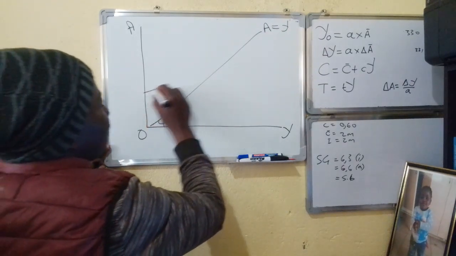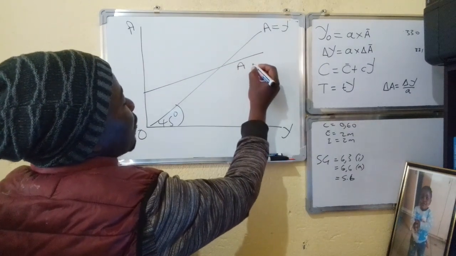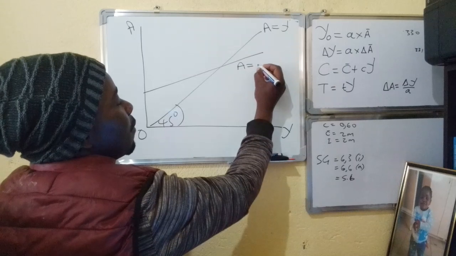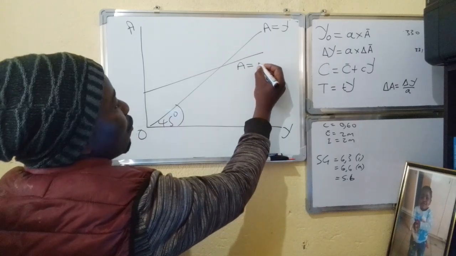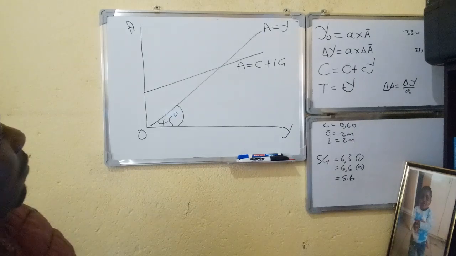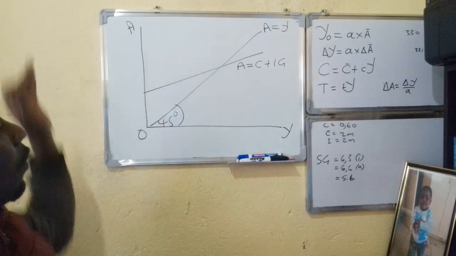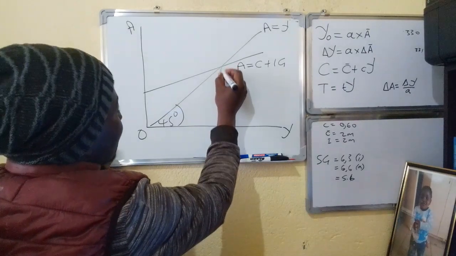Now let's say this curve is the whole expenditure curve, which is A equals C plus I plus G, as you have seen when we were pushing the curve up. Okay? And the economy is here.